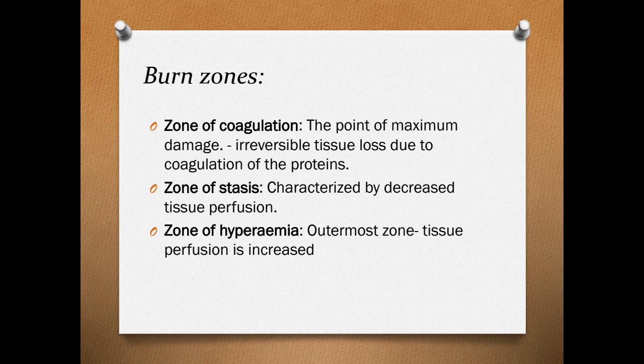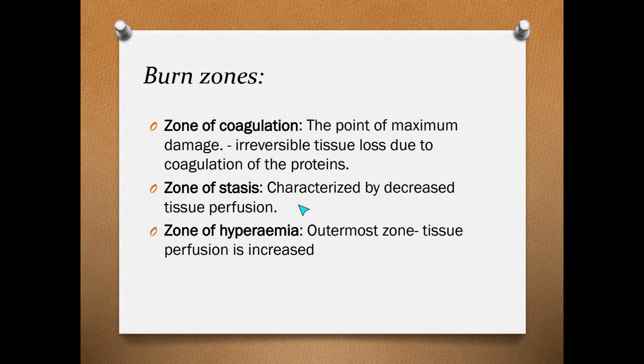Now, if there is a burn in a certain area, there are 3 zones. The point of maximum damage is called the zone of coagulation, where there is coagulation of proteins, and here there is irreversible tissue loss. Then you have the zone of stasis, the immediate zone after the zone of coagulation, where there is thrombosis of the blood in the capillaries.